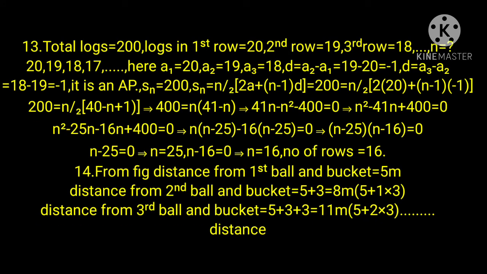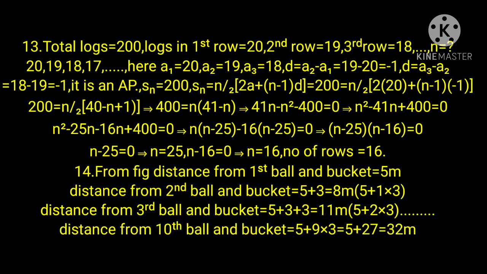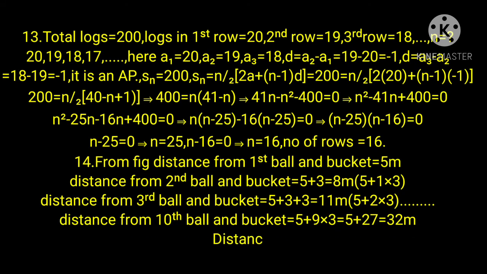The distance from the 10th ball to the bucket, directly we can write 5 plus 9 into 3, that is equal to 5 plus 27 is equal to 32 meters. Okay, now students, distance traveled.